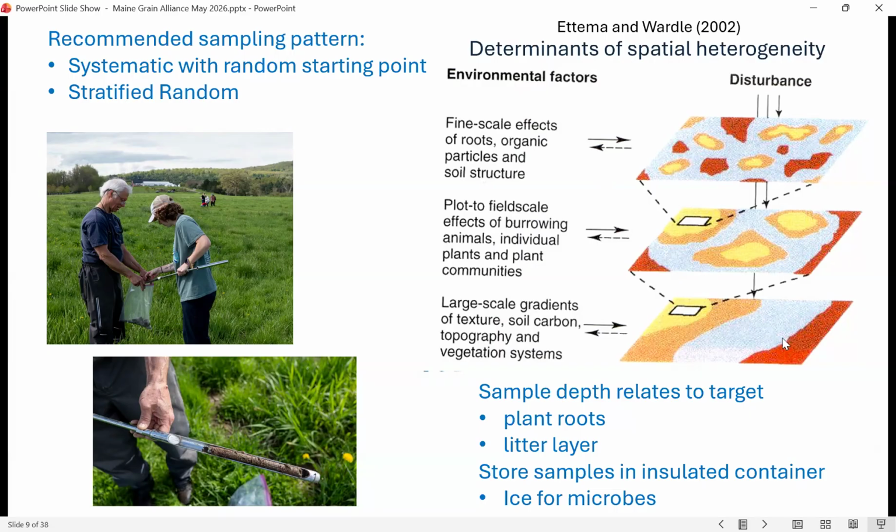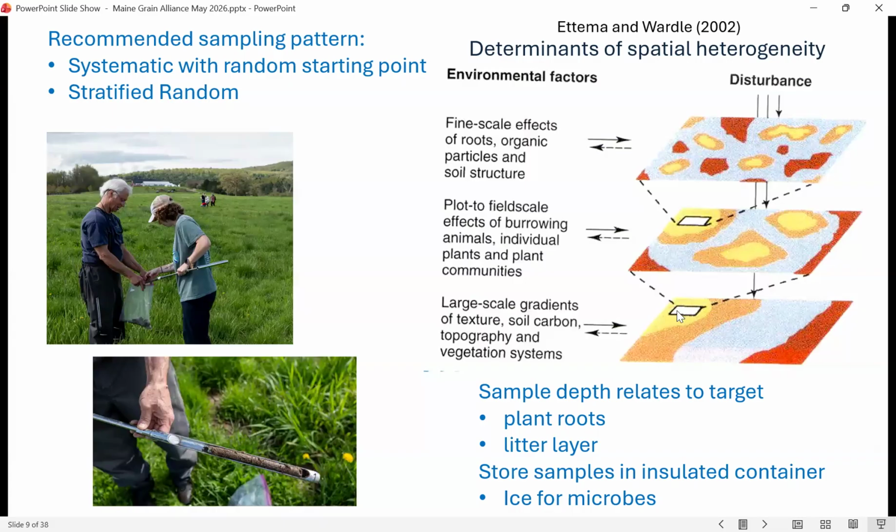So on the right-hand side, we can see 3 layers of complexity. Maybe on the landscape scale, we're seeing gradients or patches of different soil textures, carbon, etc. And we can notice that if we look at soil maps that the NRCS produces, for example.